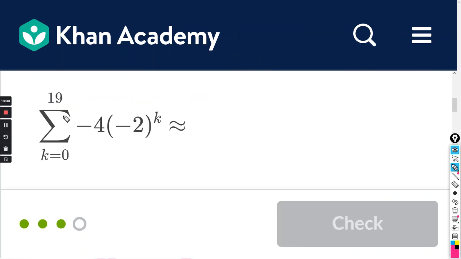On this problem, they're using sigma notation. So like we did on another exercise, we're plugging in for k, starting at the value 0, and then incrementing by 1 each time until we get to 19. So the first term is going to be negative 4 times negative 2 to the power of k, but k is 0. And then we add negative 4 times negative 2 to the power of k, but now we use 1.